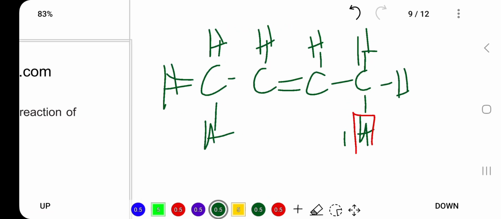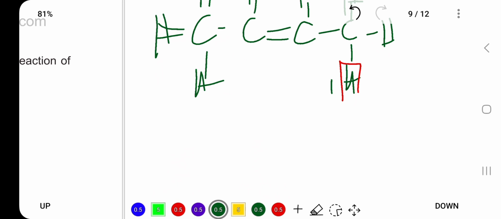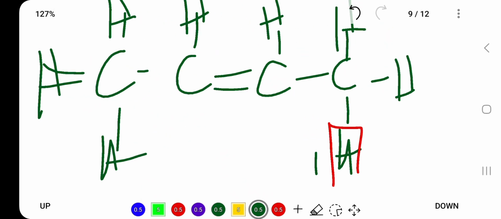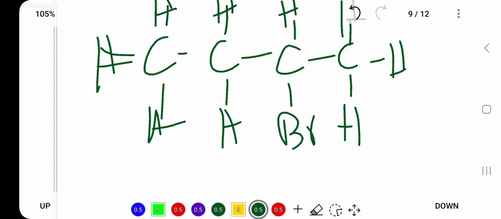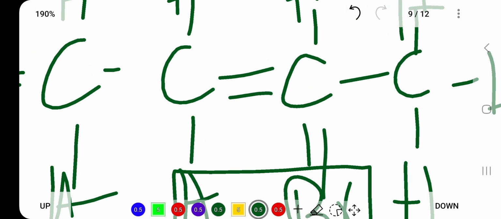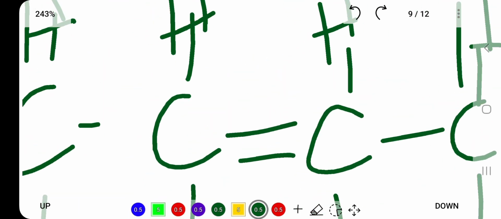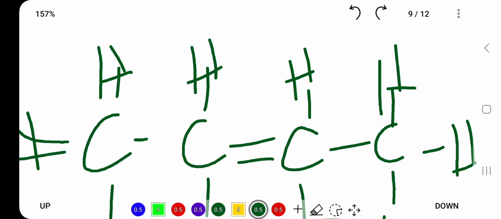Now, another important thing I just noticed: in this case, if you remove the Br and H on this side, it gives you a double bond in the middle.